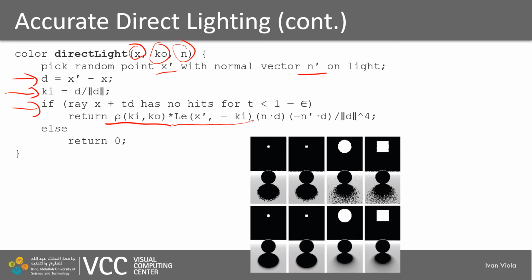Furthermore, we have the cosine terms in the equation here and here, which we are calculating from the dot product. And then finally, we have in the denominator the distance squared. Now it is to the power of four because we are normalizing. Keep in mind that the d is not normalized, so therefore, in order to normalize it, it is coming into the denominator.